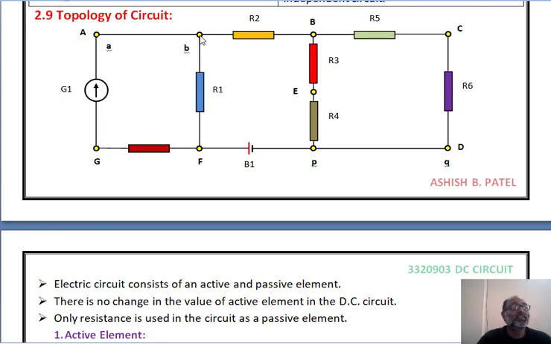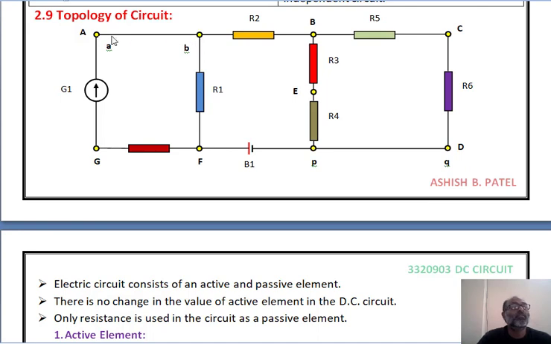Do you understand? This node is represented by a dot, and it represents the voltage level in the network.